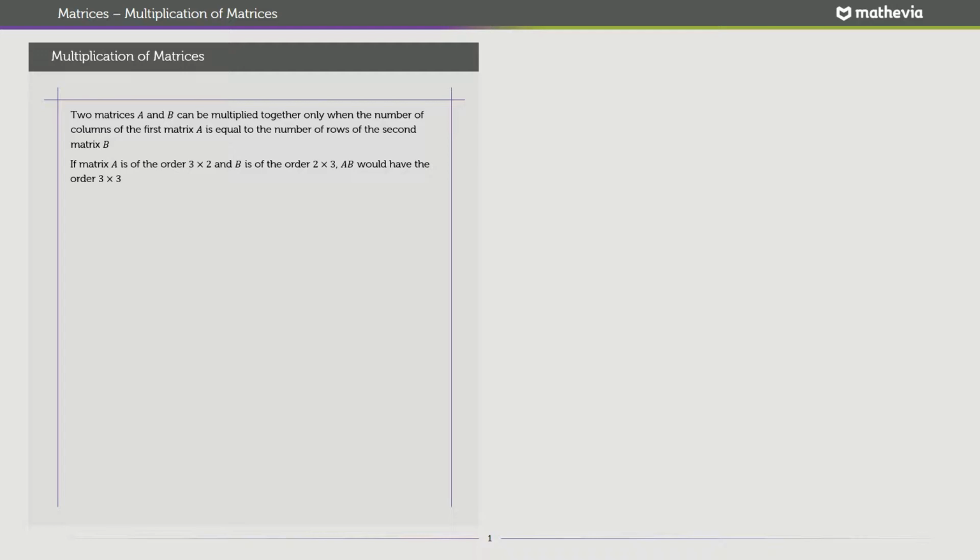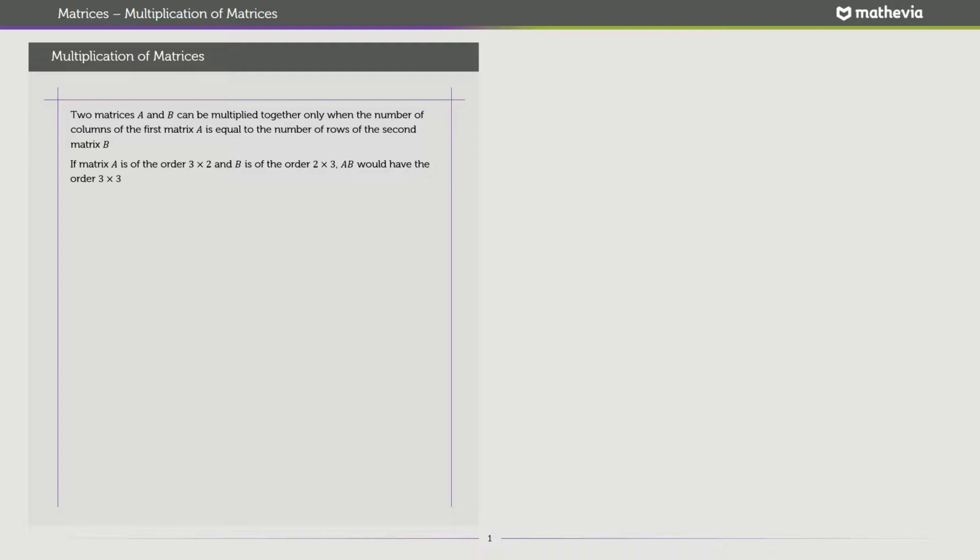Now when you multiply a matrix of the order 3 by 2 by a matrix of the order 2 by 3, the product AB would take the rows of matrix A and the columns of matrix B. So if you have 3 rows in matrix A and 3 columns in matrix B, you end up with a 3 by 3.